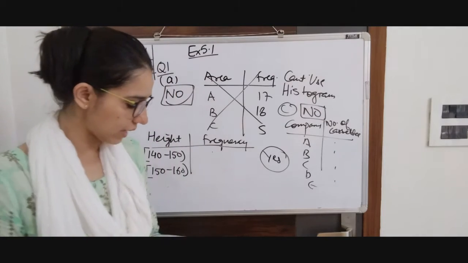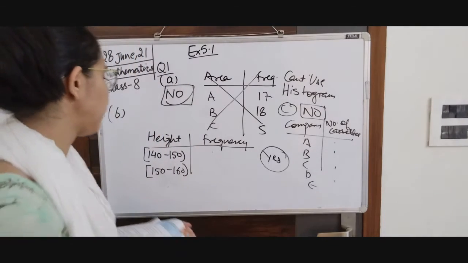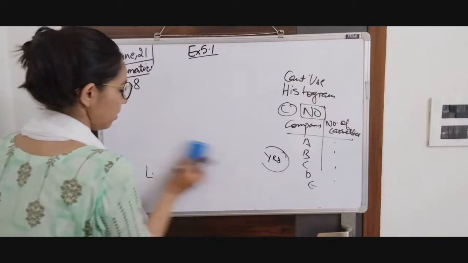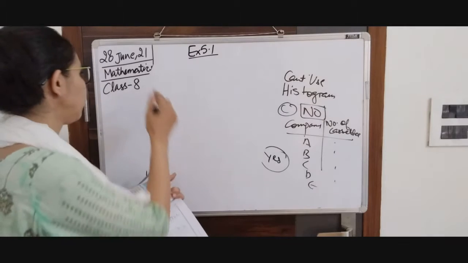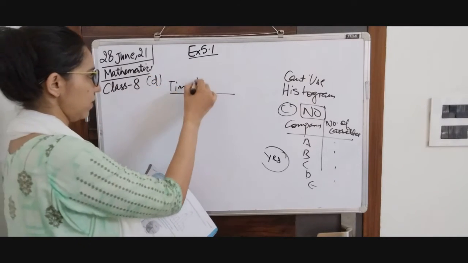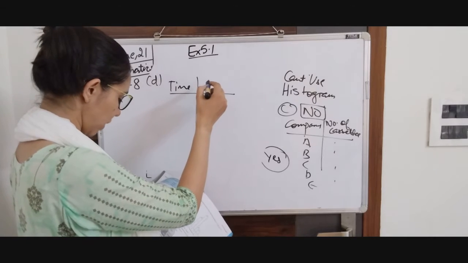D, the number of passengers boarding train from 7 a.m. to 7 p.m. at a station. We have to tell whether we can represent this data using histogram or not.